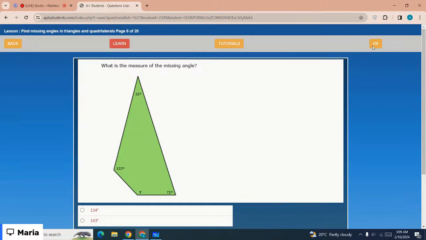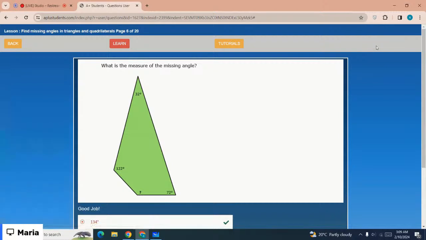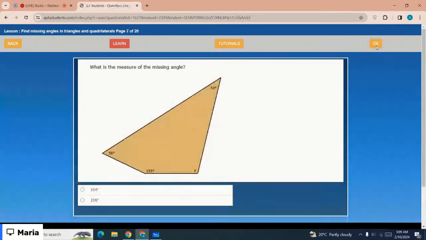Yes, that is 134 degrees, right? What is the measure of the missing angle?